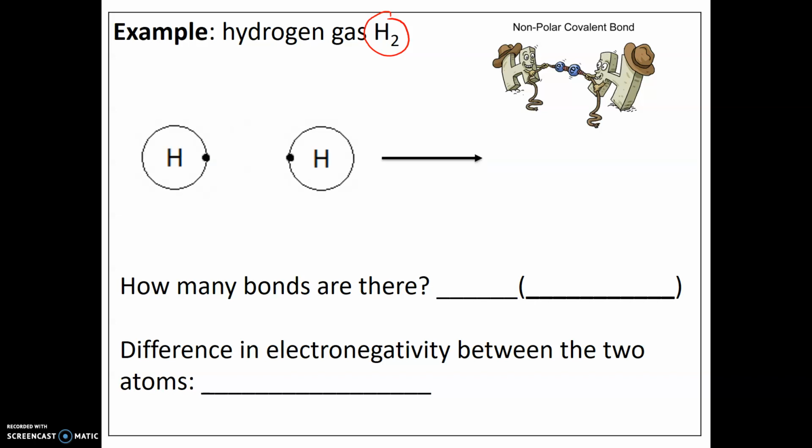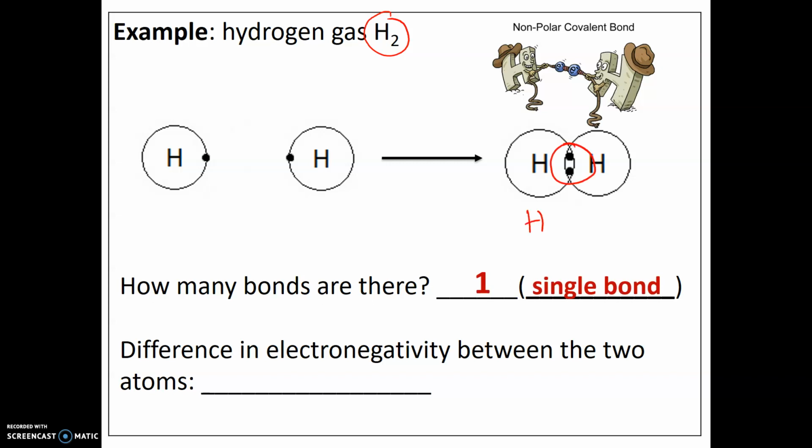So they both are going to have a full happy shell when they come together and form that covalent bond as they're sharing those two electrons. Because they're sharing, we have one bond, which can be shown like that. We have a single bond. What do you think the difference in the electronegativity might be between these two atoms? They both have an electronegativity of 2.1, so our difference is going to be 0, which means we have a covalent bond.